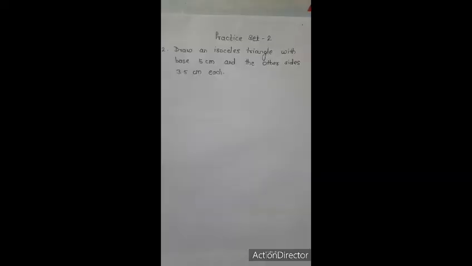Good morning students. In practice set 2, question number 2, draw an isosceles triangle with base 5 centimeters and other sides 3.5 centimeters each. Now you know an isosceles triangle is a triangle which has two sides equal.